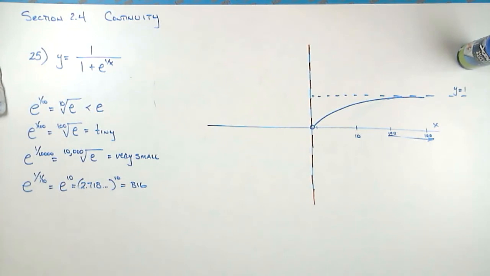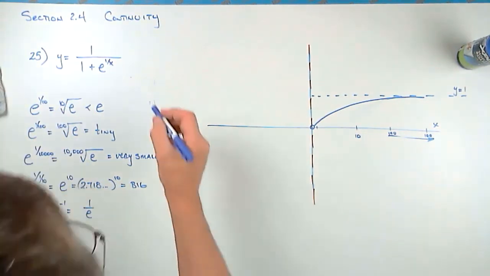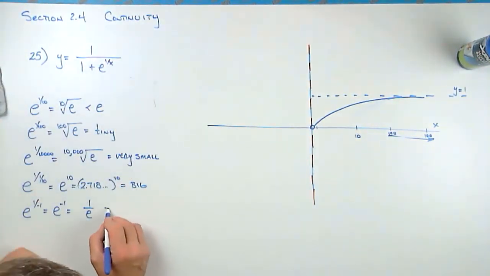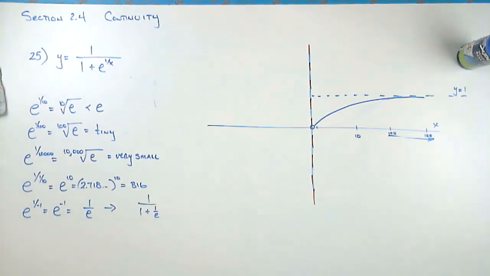What about negative numbers? What if we put a negative 1 there? Well, what does that look like? We get e to the 1 over negative 1, which is e to the negative 1, which is 1 over e. So this turns into 1 plus 1 over e.